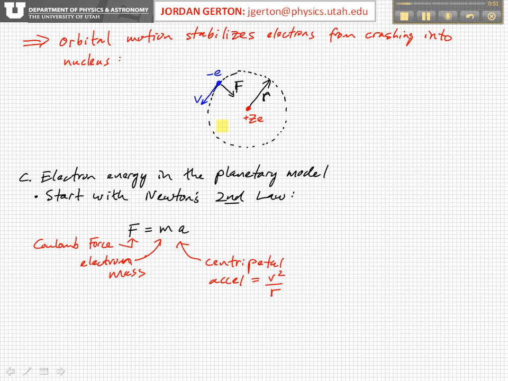Now, implicit in what I've just said, and in this picture, is that we're assuming that the nucleus is stationary.